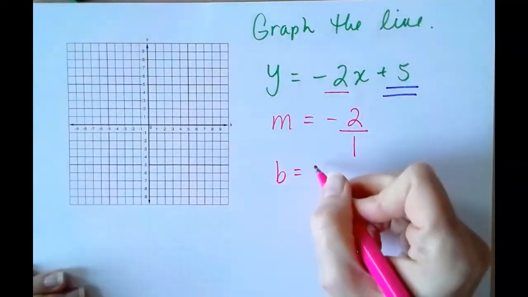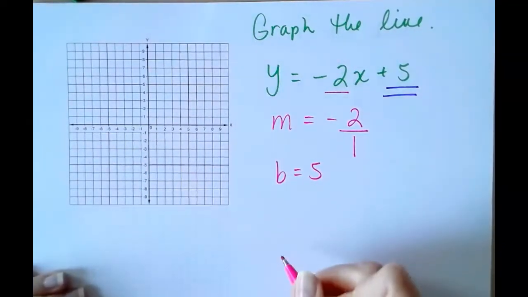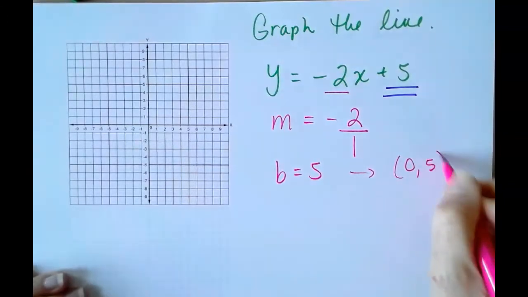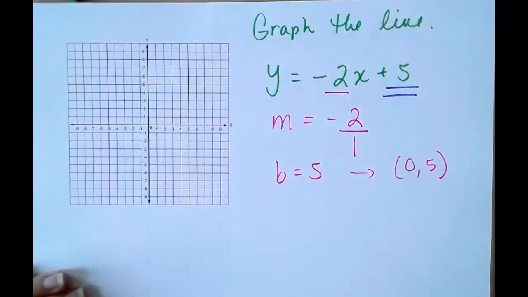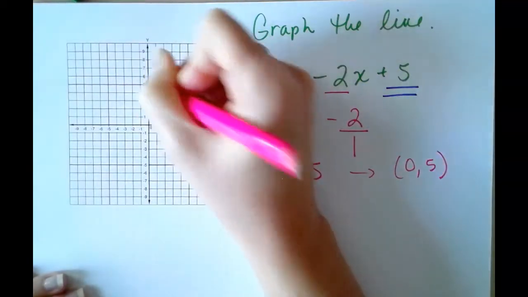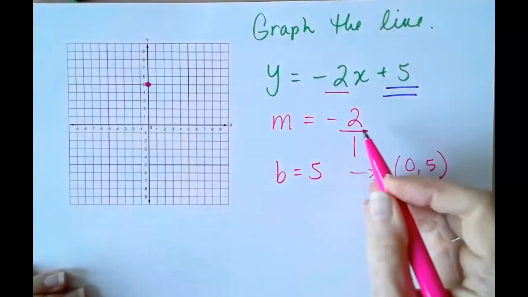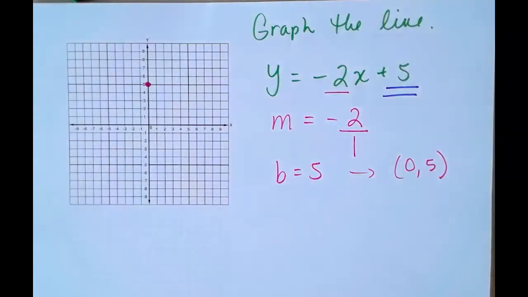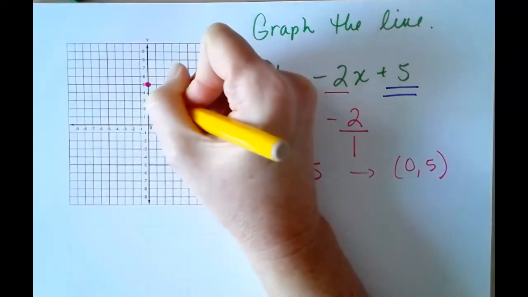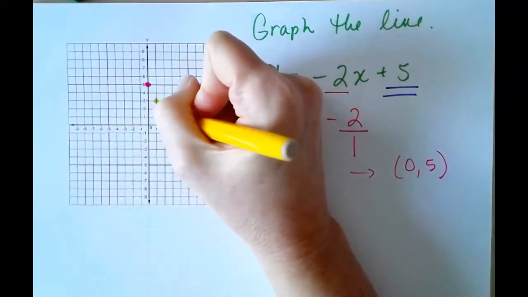So b equals 5. You can write it like that, or you can say the line will pass through the y-axis at (0, 5). Plot that point over 0, up 5. From there, we're going to rise and run according to our slope ratio. Down 2, forward 1. Down 2, forward 1.